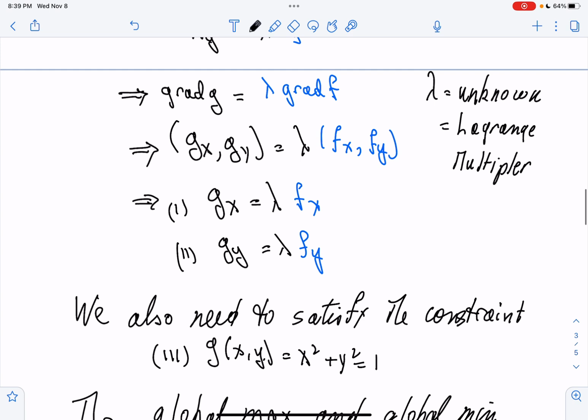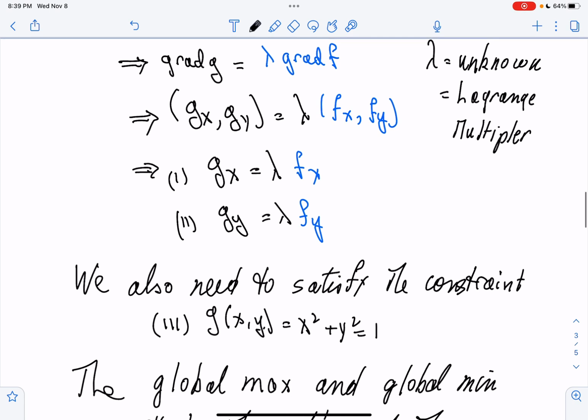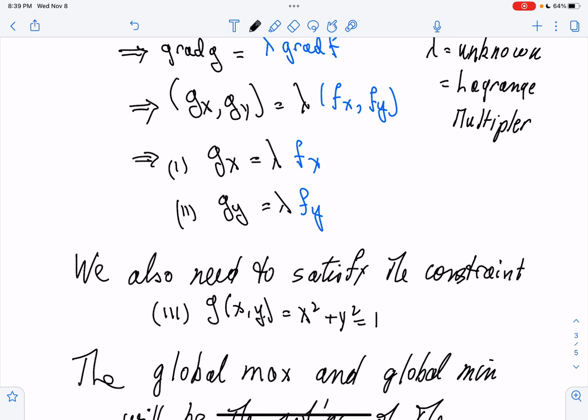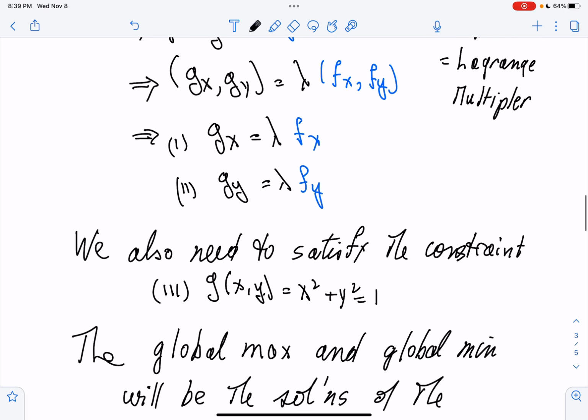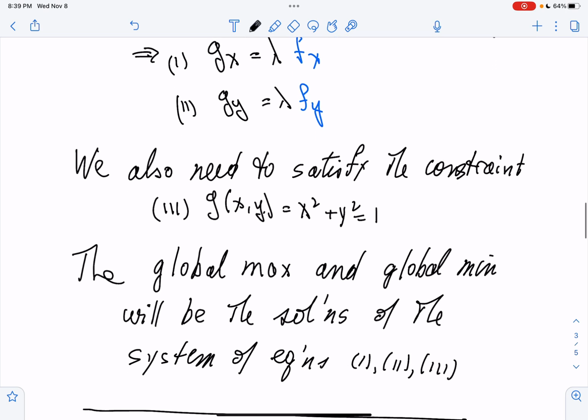So we're going to have to solve those two simultaneous equations. But also we have a third equation, which was our constraint from the beginning, that g of x y, which is x squared plus y squared, equals 1. So we're really going to have to solve these three equations, and the global max and the global min will be the solutions of this system of three equations.